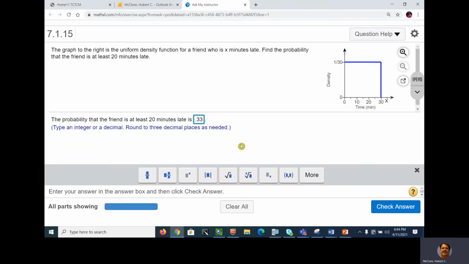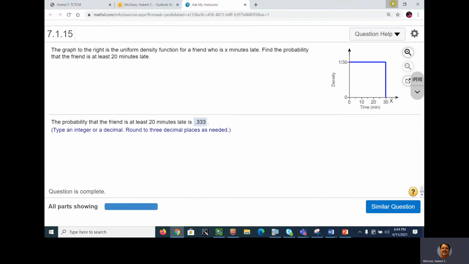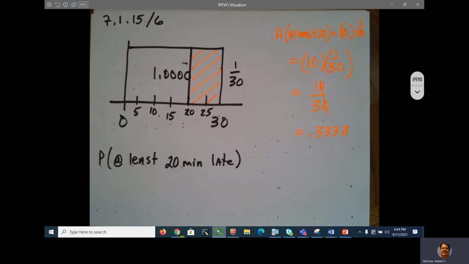There's round to 3 decimal places. There we go. Okay, so I'll leave that on the board there for a second. And that is how you do that problem. And let's go to the next problem.